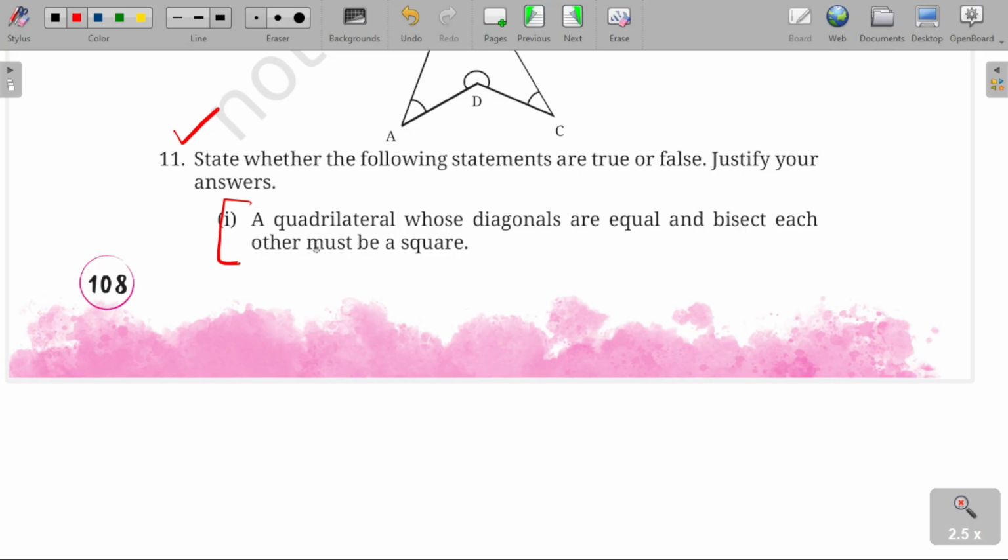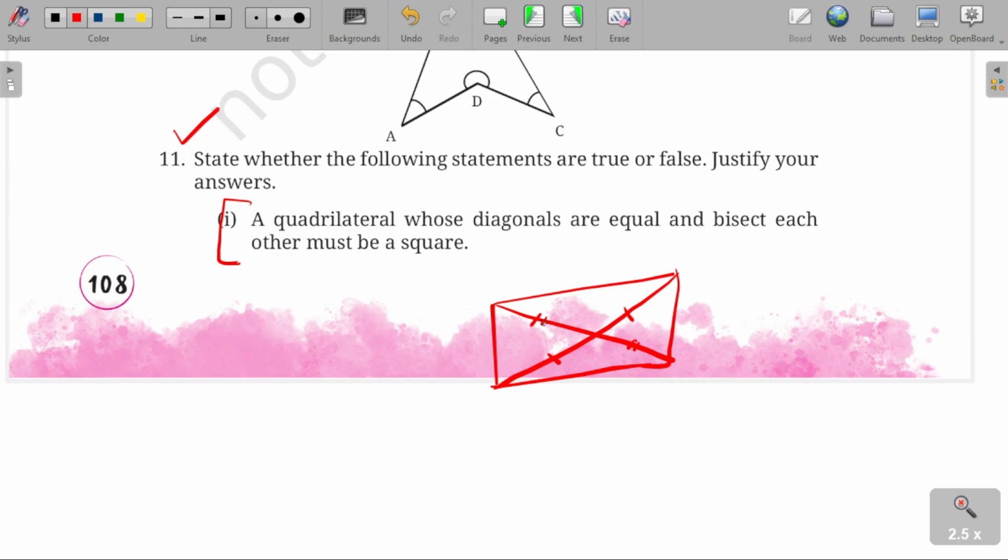That means the diagonals are equal and they are bisecting each other also, must be a square.